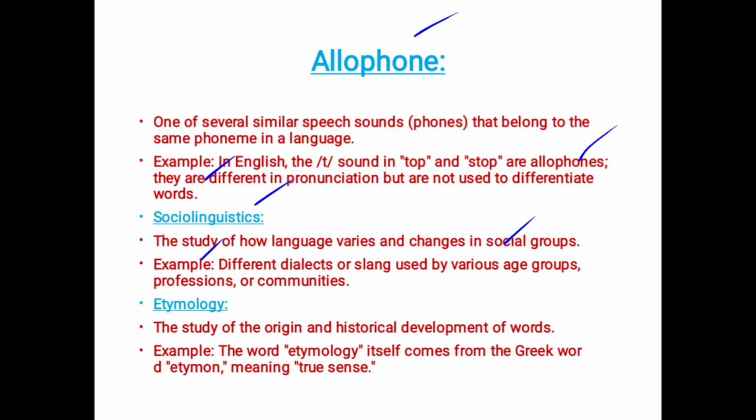For example, different dialects or slang used by various age groups. Your father may use a different accent. Your mother may use a different accent. Due to what? Due to her age, due to his age. Professions and communities. When you meet your friend, you might use a different accent.